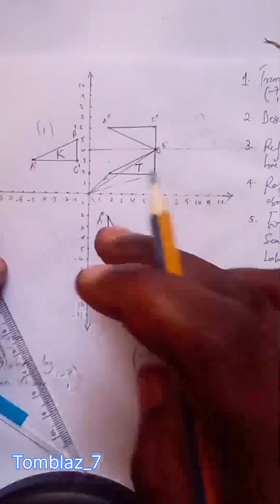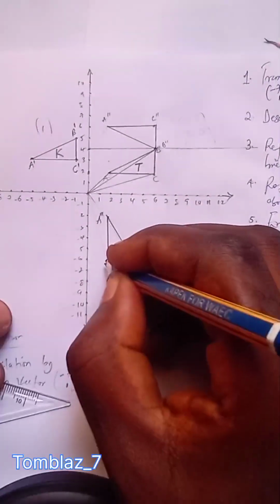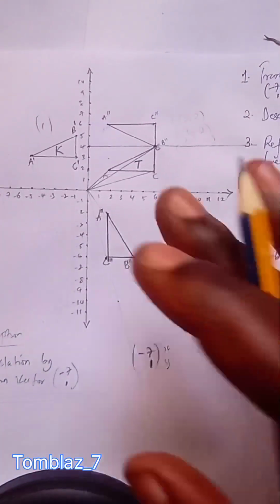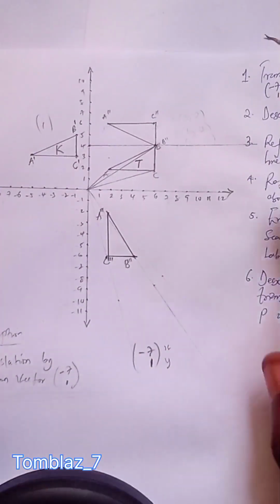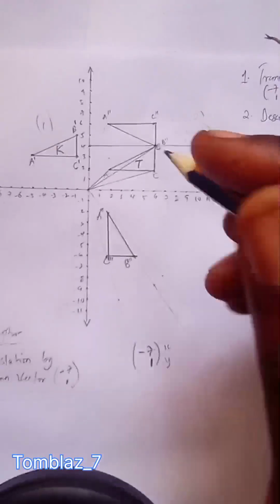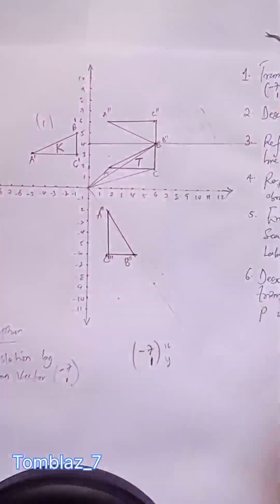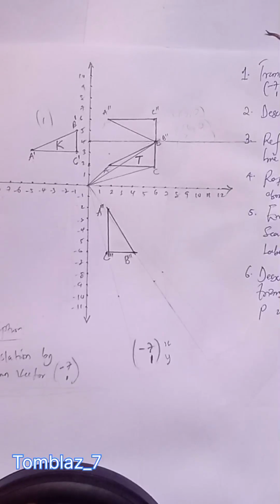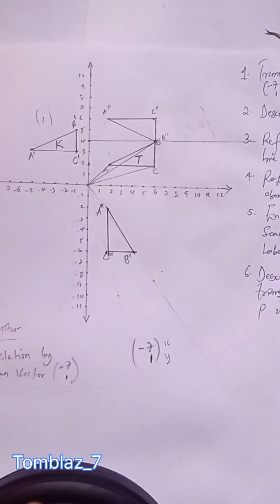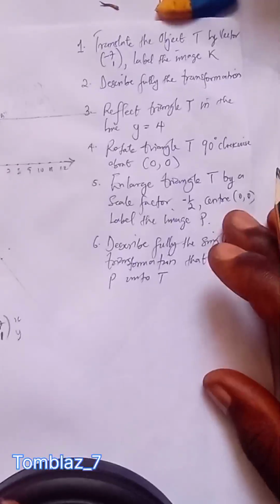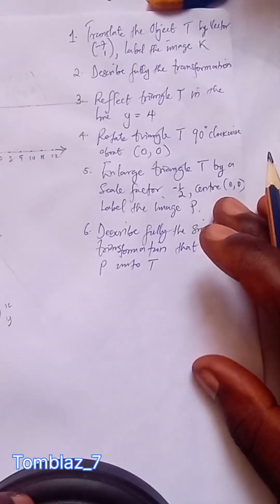So all right, this is the triangle. So this is C prime prime prime. This is a new triangle now that we have rotated 90 degrees from T. Did they say we should call it any name? Nope, they didn't. Okay, so we'll proceed with number 5.